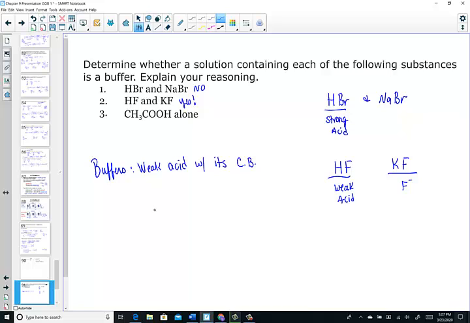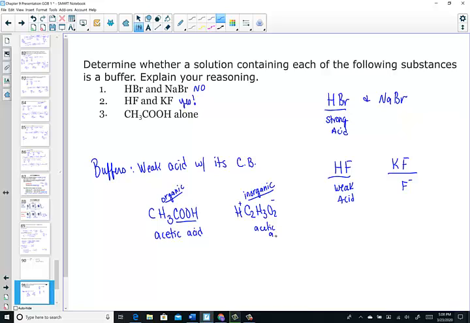How about letter C, or number 3? CH3COOH. This is acetic acid. Sometimes you see it written in the inorganic hydrogen acetate or the organic, just 2 different divisions of chemistry. Inorganic, we would call this hydrogen acetate or acetic acid.